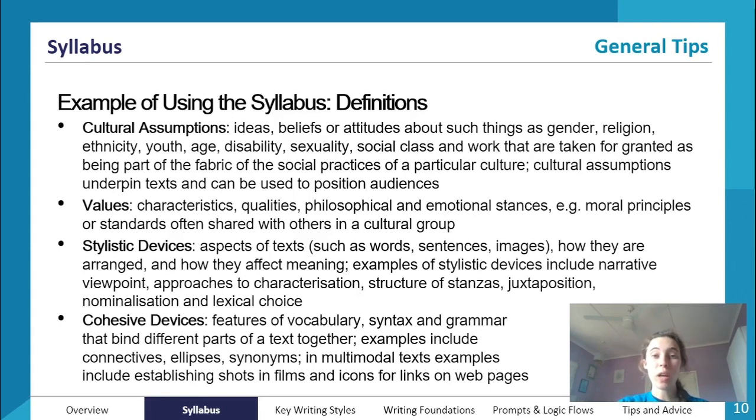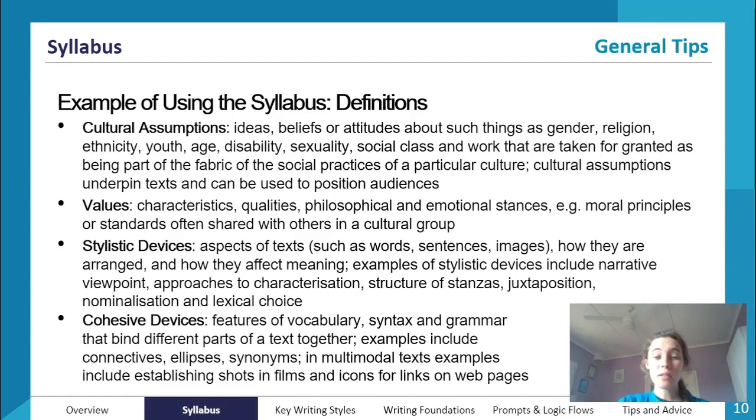So if you're going to create your own text, really consider what makes sense for the time period you're going for. And if you're analyzing, then everything you think about should be through that lens of what was normal then, what do they believe then. And then as well as the cultural assumptions, you've got values, so moral principles or standards often shared with others in a cultural group.